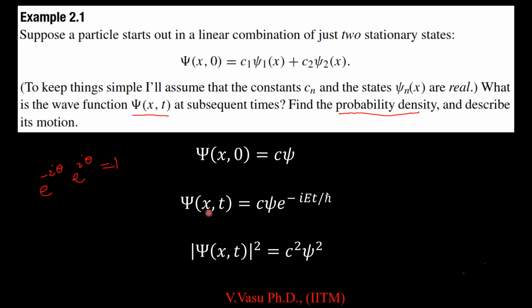If you take any one wave function, I have dealt with this generalized solution, that is c psi. I have not mentioned psi1 or psi2. This is valid for psi1 independently and psi2 independently. When you take a linear combination, we will see what will happen.